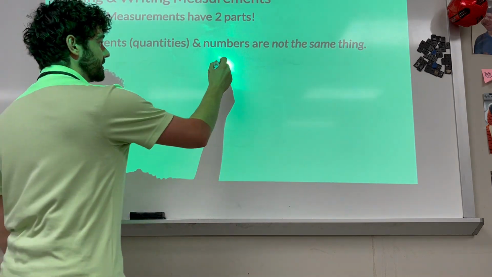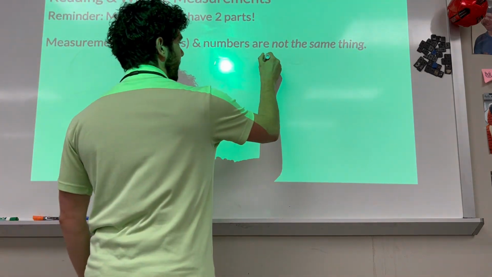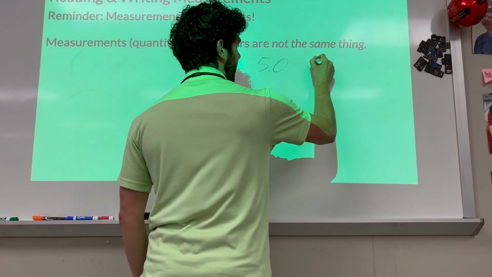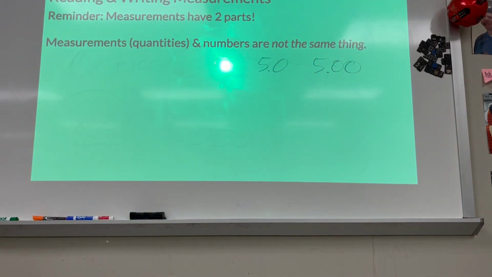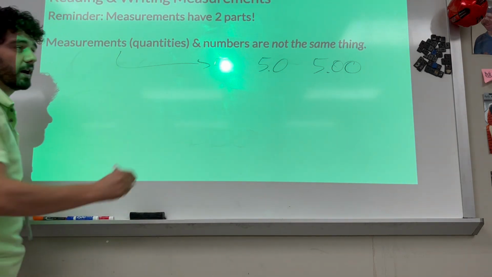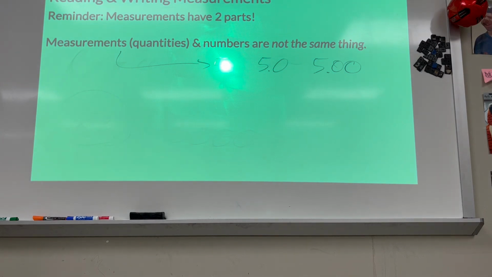For example, if I have this and this and this in math class, are those the same or different? They're the same number. In the world of science, if this is a measurement where I measured something, those are actually different.